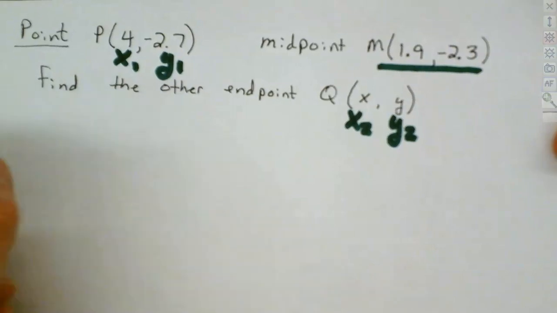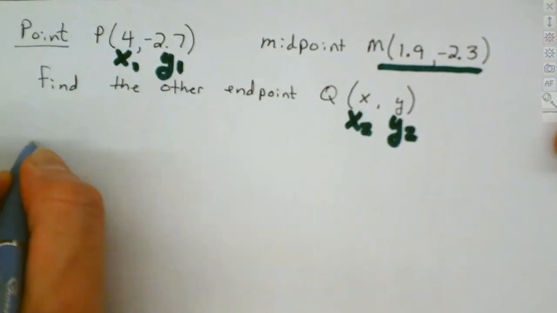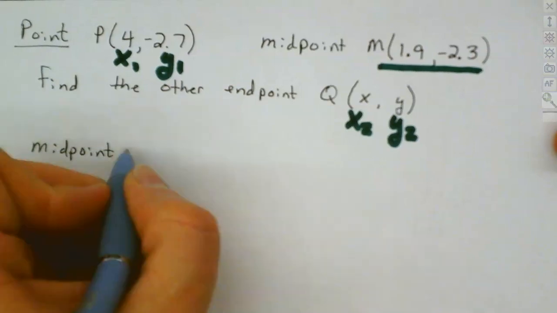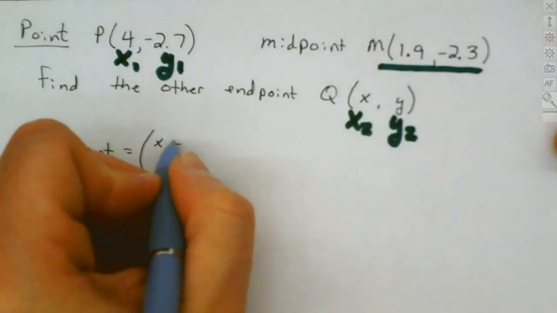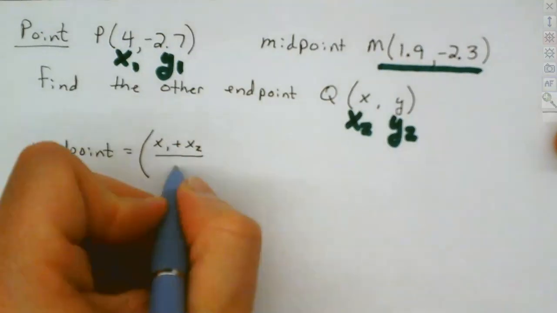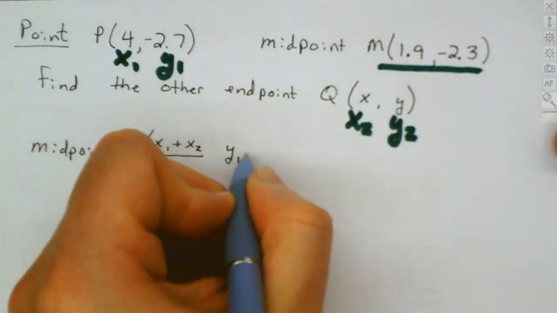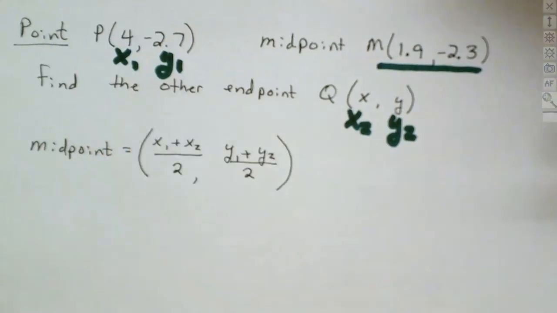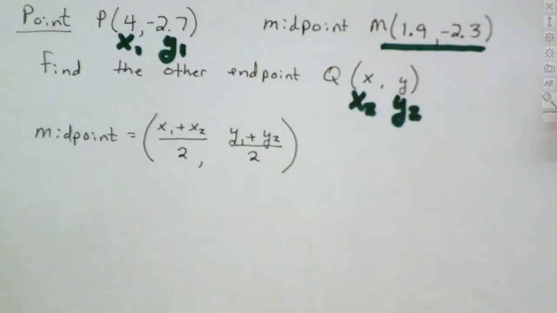Let's write up our formula so then we can plug in our pieces. And the midpoint is X1 plus X2 over 2, and Y1 plus Y2 over 2. And we're going to fill our pieces in.